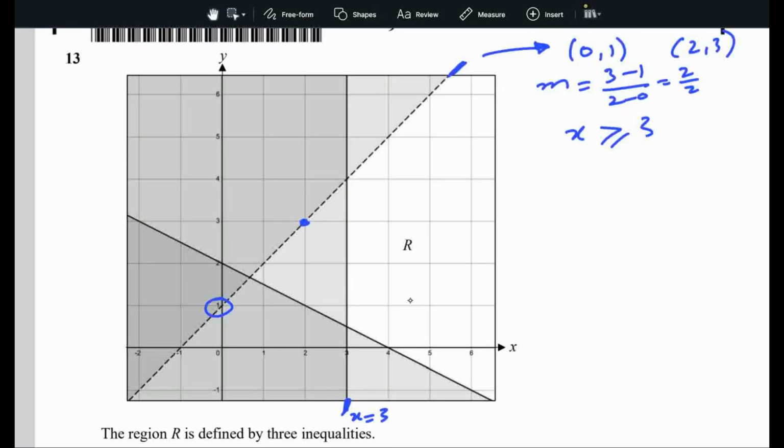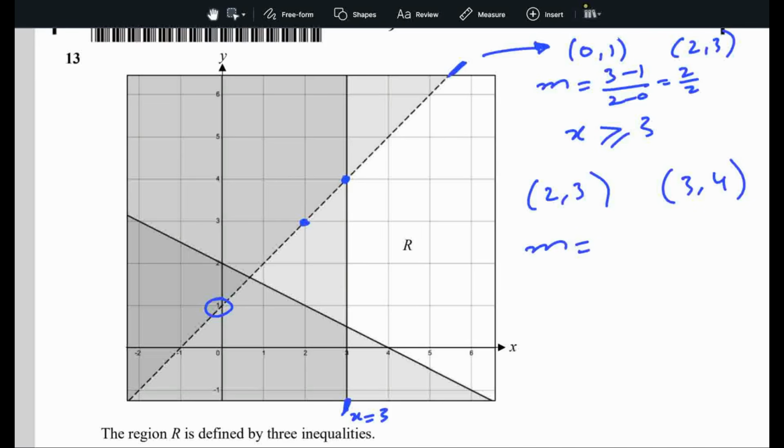Let's try another point for this dotted one. One coordinate is 3 and 4, and the other coordinate is 2 and 3. By the way, the first point should be 2 and 3, and the second point will be 3 and 4.